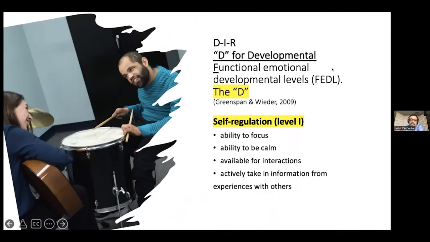So these are the areas that we're looking at and trying to understand: the client's ability to self-regulate, their ability to focus, ability to be calm during the interaction, their availability for interaction, right? How they take in information from the experience. Information meaning the visual input, the auditory input, all of these different things that are happening during interaction. So that's how we would define self-regulation.